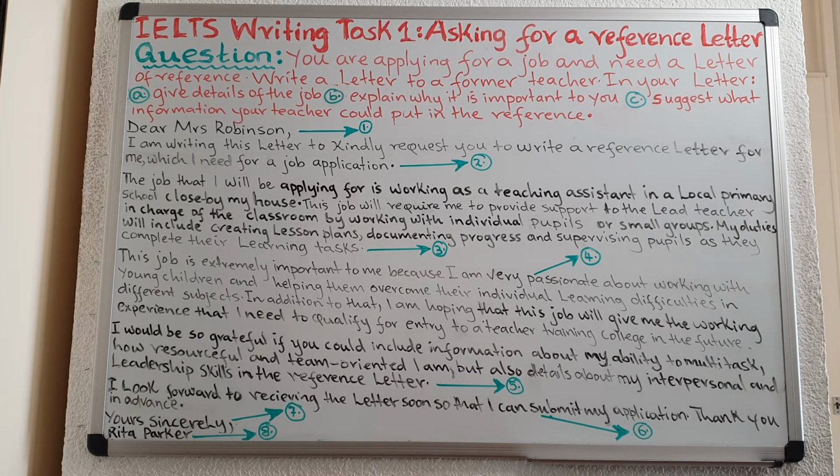Step 2 is the introduction. In the introduction, you inform the receiver of the letter why you're writing the letter. Then after that, you move on to step 3, where you write about the first key point, that is point A. Then you move on to step 4, where you write about the second key point, and that is point B. And then you move on to step 5, where you write about point C. After that, you move on to step 6, where you conclude the letter.